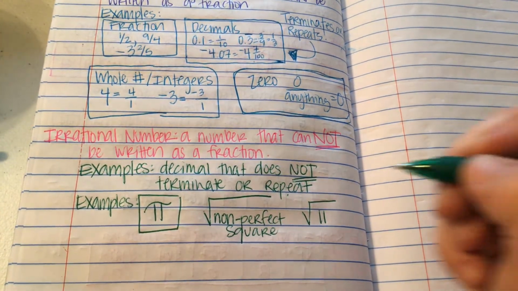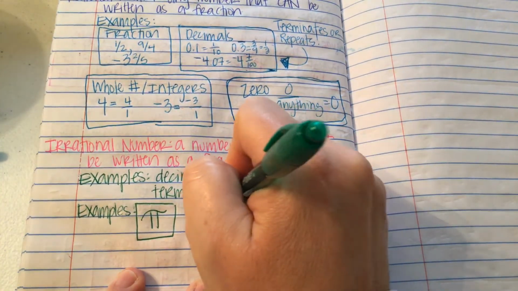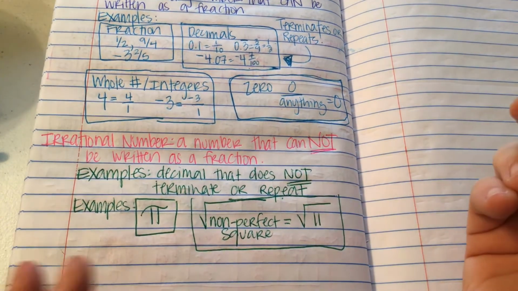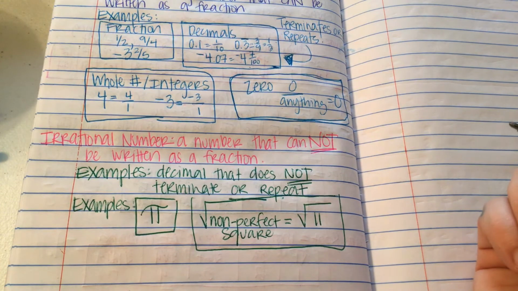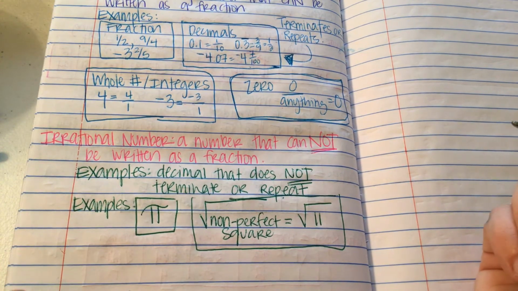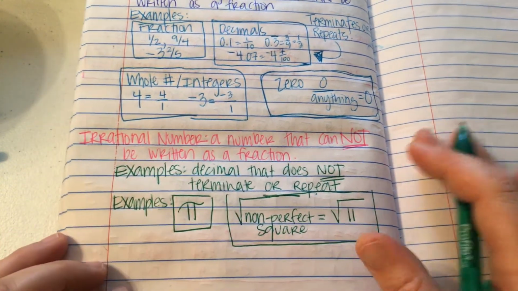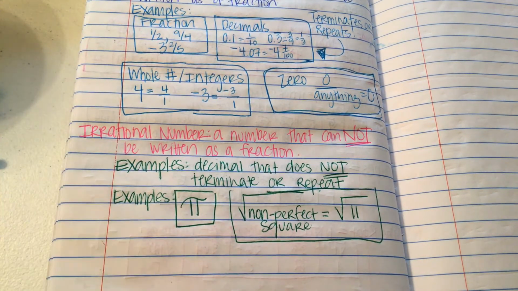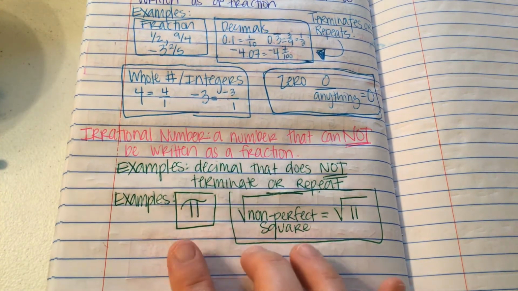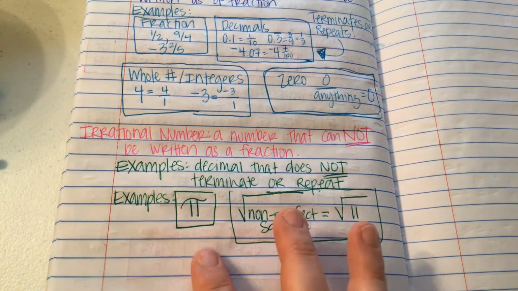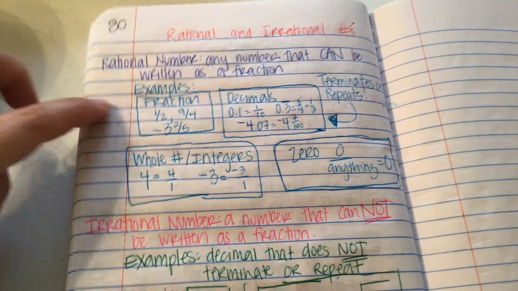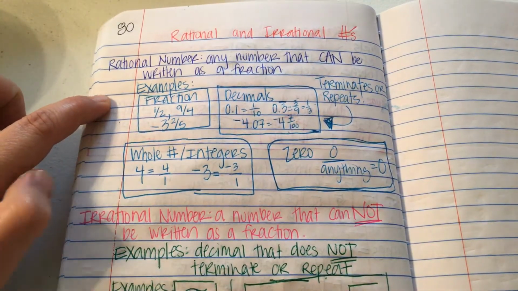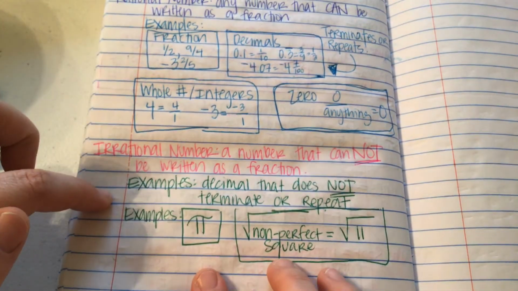So the square root of a non-perfect number, for example the square root of 11, or 20, or 50, there are a lot of them. There are a lot of numbers that don't work. You're going to use this knowledge to figure out whether numbers are rational or irrational. There are a lot more rational numbers out there than irrational numbers.